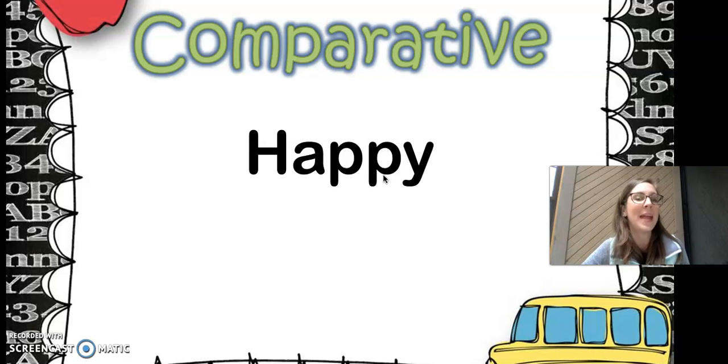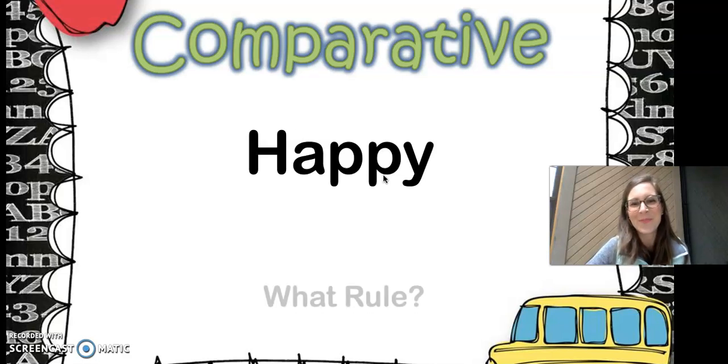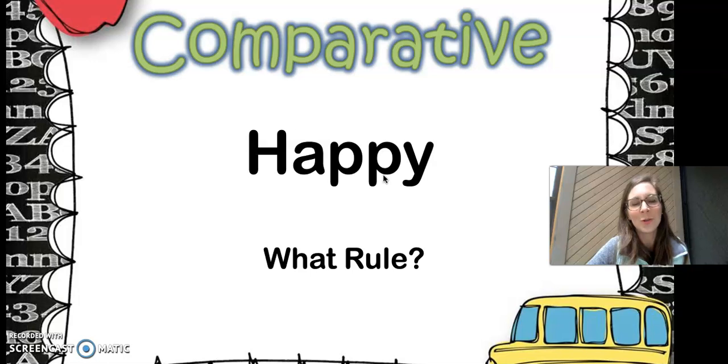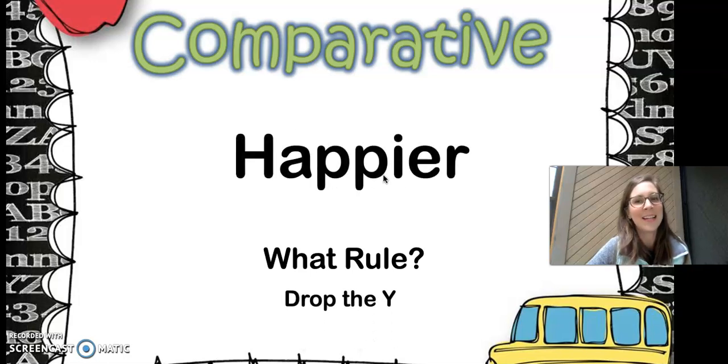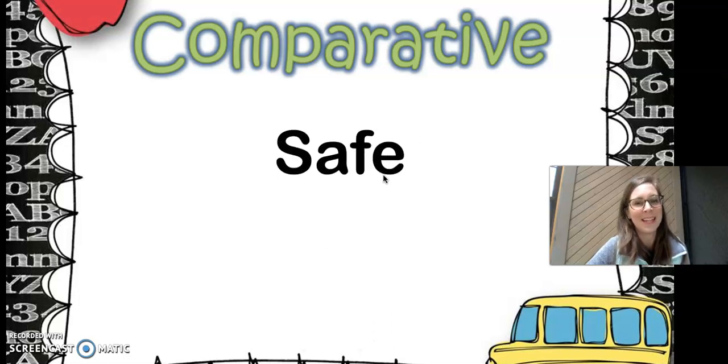And how about just comparing something? That's using our ER ending. I can be happy, but I'm happier when I'm with you. It has a Y, so change the Y to an I before we add ER. And here's our base word safe, and that magic E is working to make the A say its name. But when I see a base word with a final E, what's the rule?